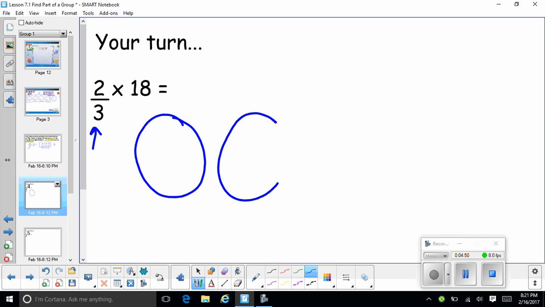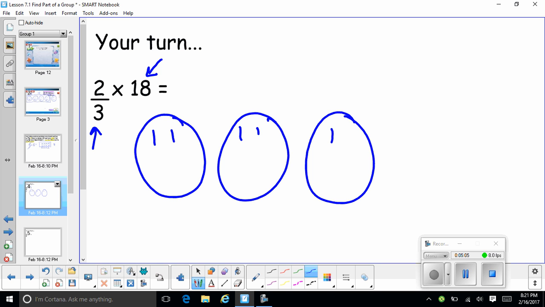1, 2, 3. Next, I want to look at my total, and that's what I'm going to use to split up among 3 groups. So 1, 2, 3, 4, 5, 6, 7, 8, 9, 10, 11, 12, 13, 14, 15, 16, 17, 18.